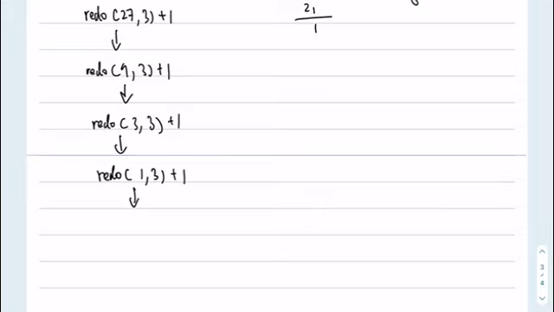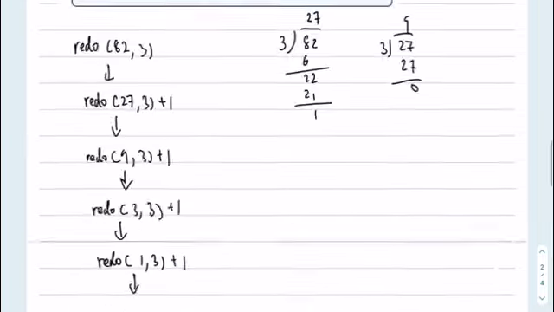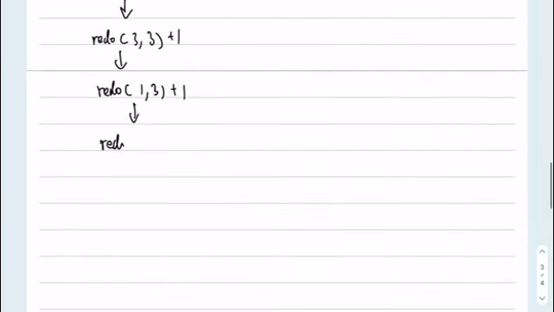And well, at this point 1 divided by 3 will be equal to 0, 3, since 1 divided by 3 should be 0.333 infinite, but because of truncating, simply 0 will be taken.